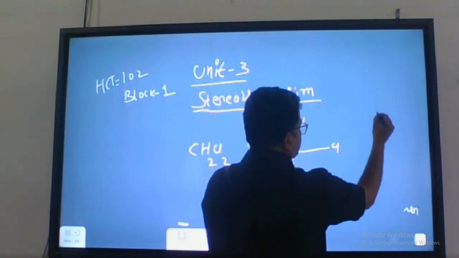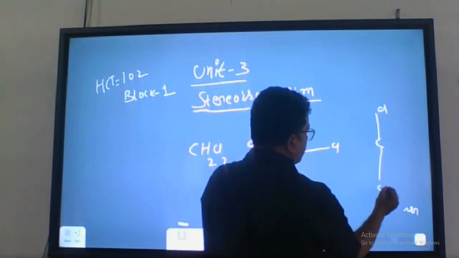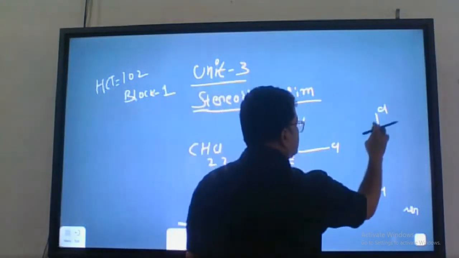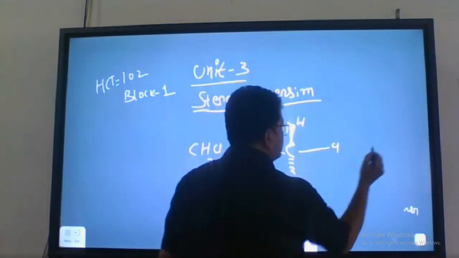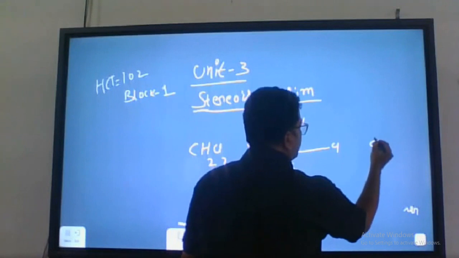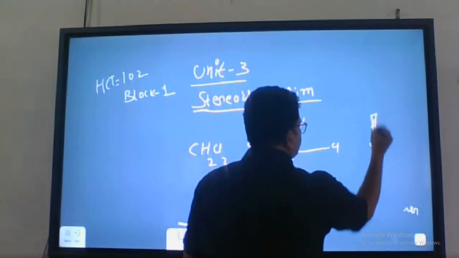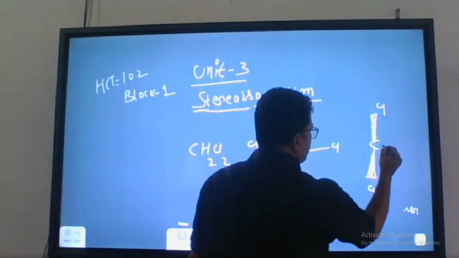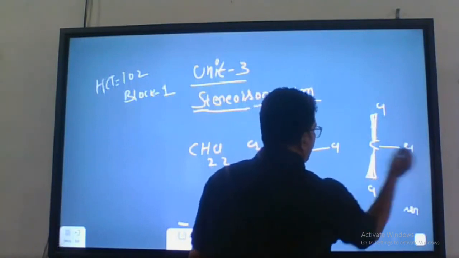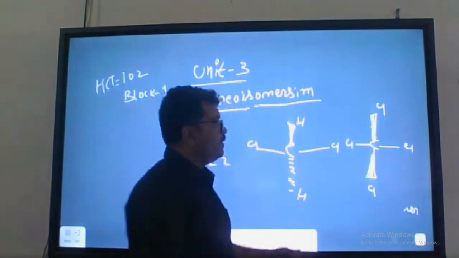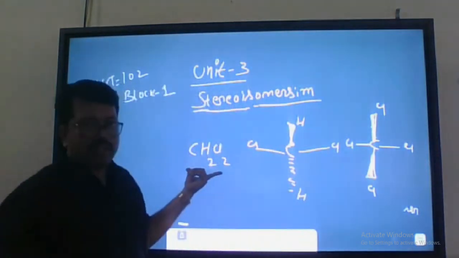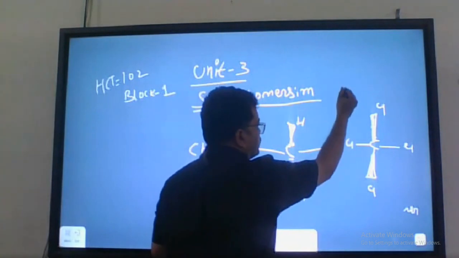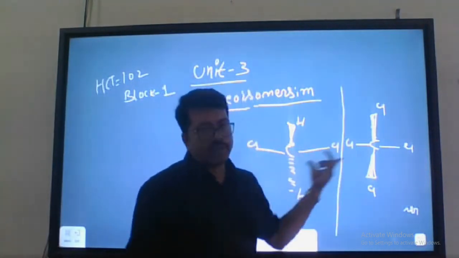Again, you can take like this also, fluorine and chlorine. See, the molecular formula is same, but the spatial arrangement of these molecules is different.